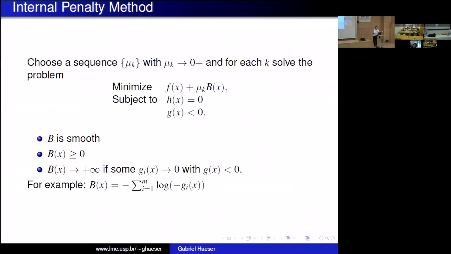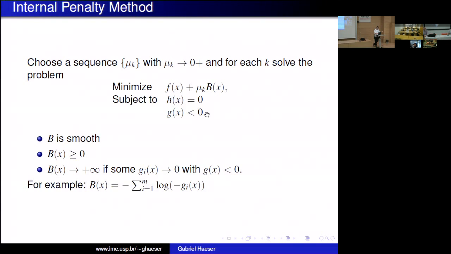Okay, if you have one equality and you want to model it with two inequalities, you lose this property. You don't have an interior point, so you can't apply this kind of method, and you can't define these constraint qualifications that we mentioned.